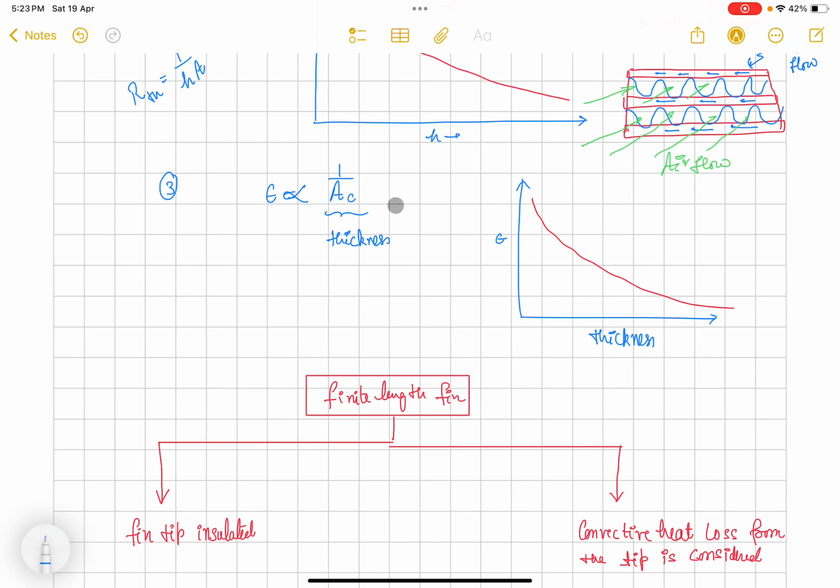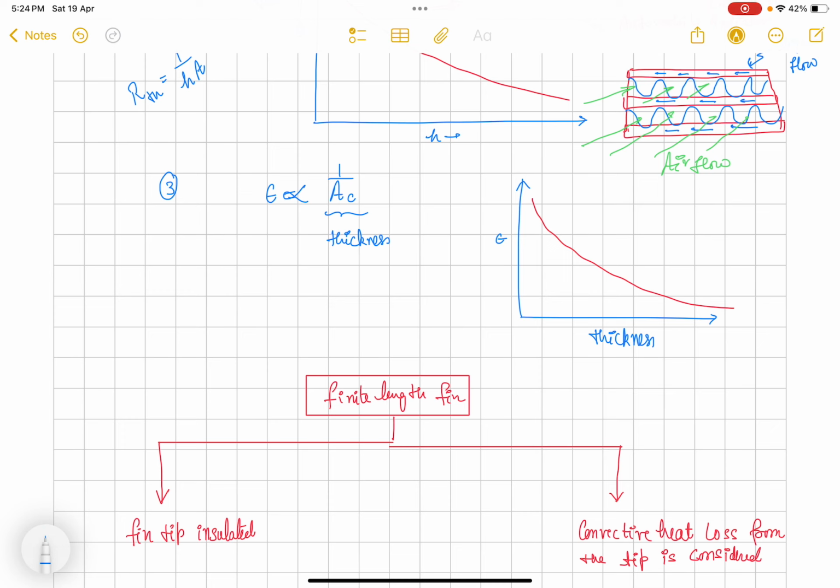So if we have less thickness, fins are very effective. All right. So as a thumb rule, we should use thin fins and closely spaced, but not so closely spaced that they affect the flow of fluid between the two fins.